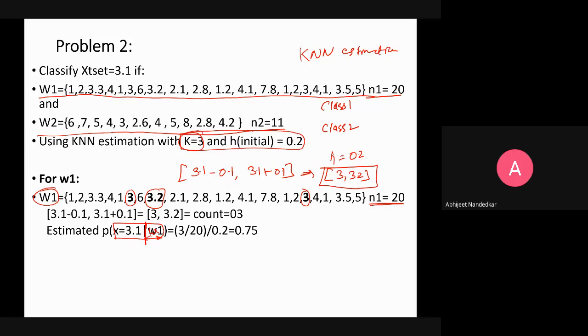So I write that as a conditional probability, p of x given omega 1. So this is the likelihood of 3.1 in omega 1. So 3 by 20, since the number of samples in omega 1 is 20, divided by 0.2, that is h. So it is 0.75.